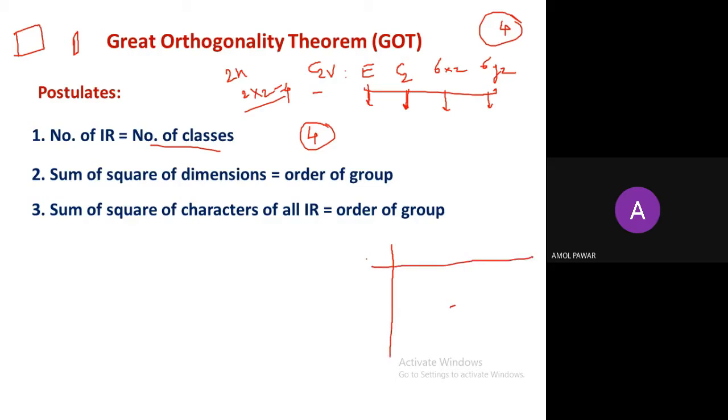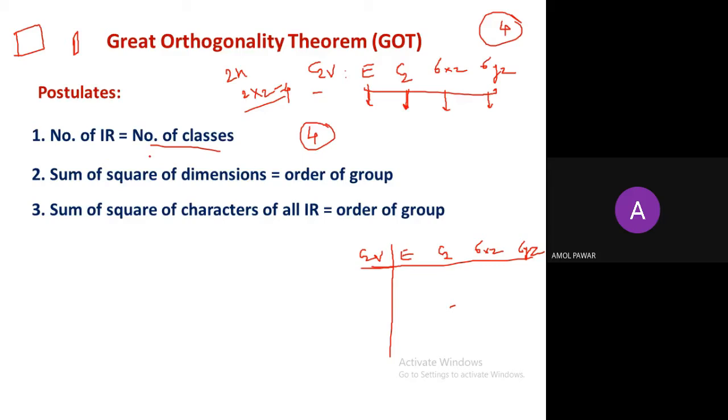As I showed you the character table here, part 1 is the point group. The point group of water is C2V. Part 2 is symmetry elements. The symmetry elements for water, the C2V point group, are E, C2Z, sigma xz, and sigma yz.